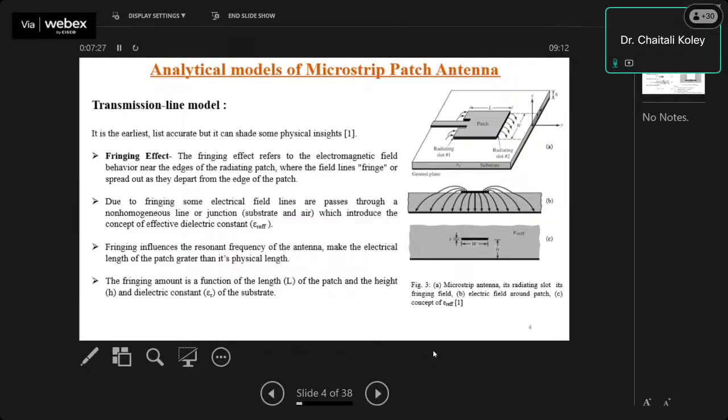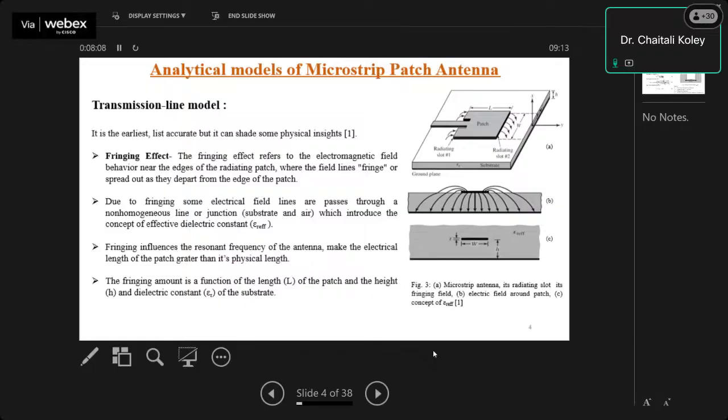Patch antenna. Within that structure we can consider the metal patch and the ground plane as a perfect electric conductor, and the four side walls we can consider as a perfect magnetic conductor.